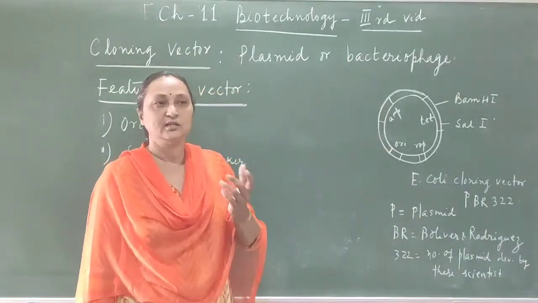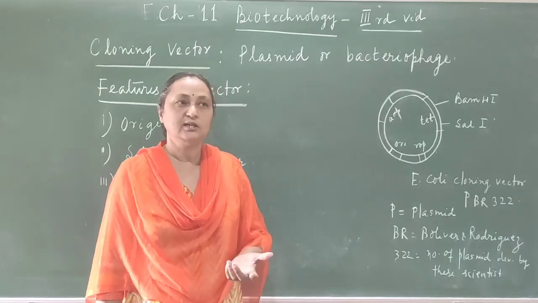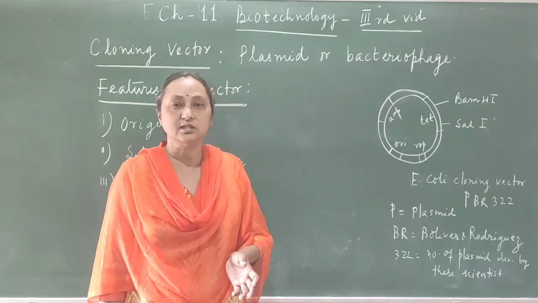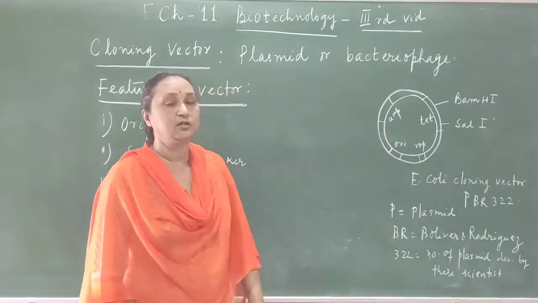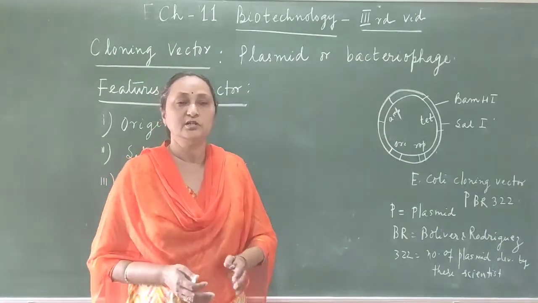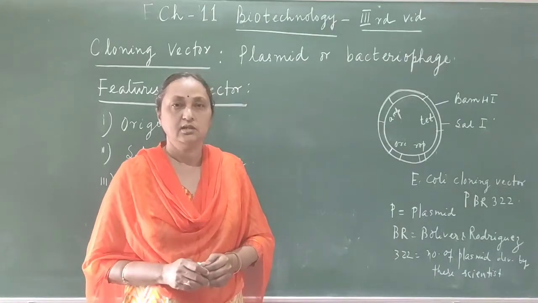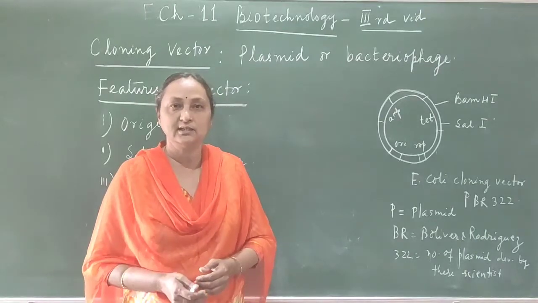Bacteriophage is a virus which can attack bacterial cells. And virus, you know, does not have any beneficial role. It always produces disease. But how can the virus be used in genetic engineering? Here the gene which is responsible for producing the disease is cut and separated, and in its place we add the gene of desirable character.